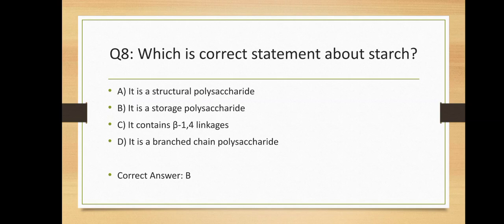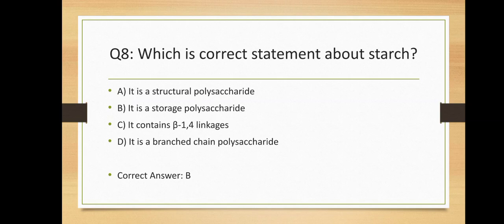While the other important component of starch is amylopectin, it is also a polymer made up of several D-glucose molecules, and it constitutes 80% of total starch. Amylopectin molecules are linked by the same alpha-1,4 glycosidic bond as well as alpha-1,6 glycosidic bond.